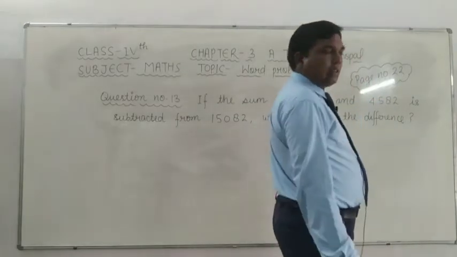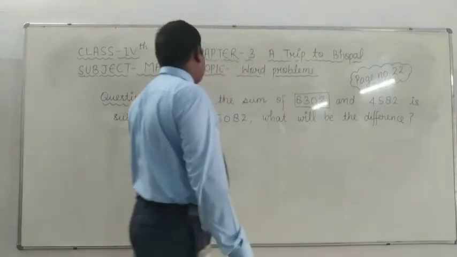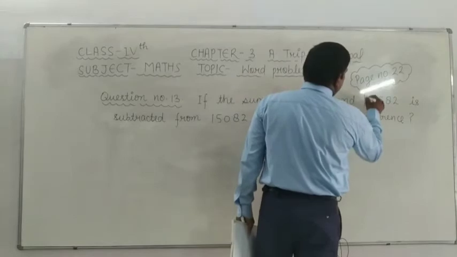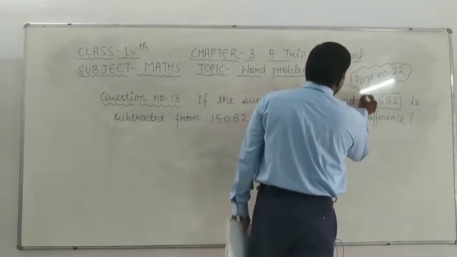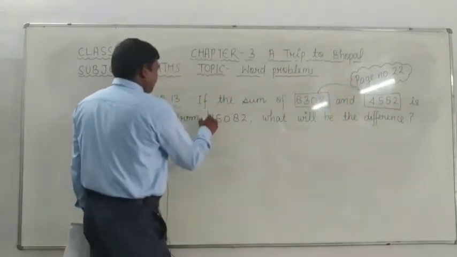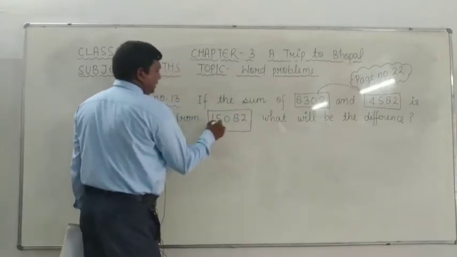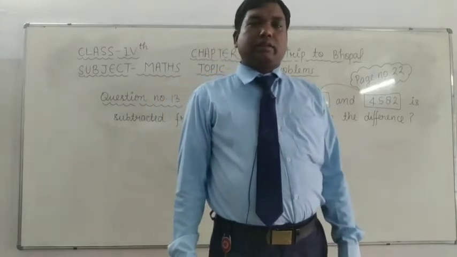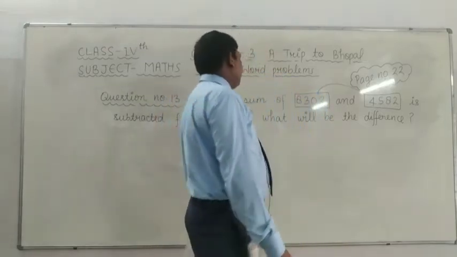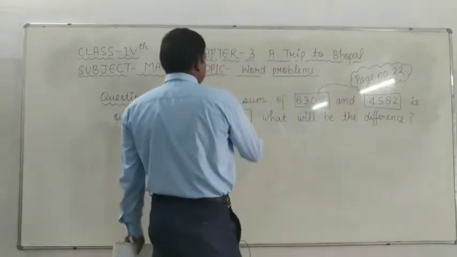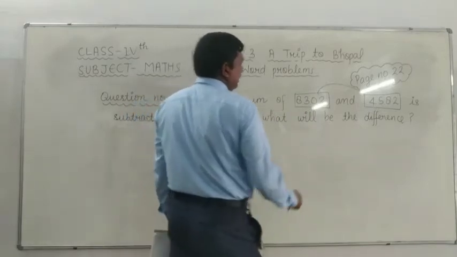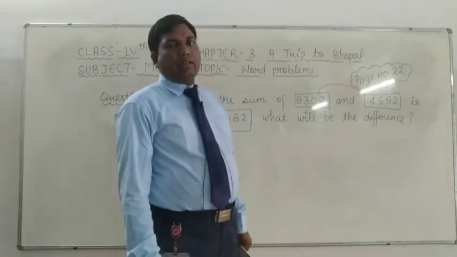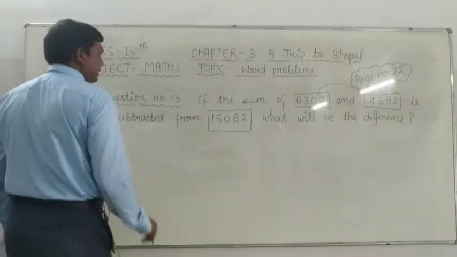Then we subtract this result from 15,082. Then we get the answer. It means that after subtracting, we get the difference. Understand? Now let's start the solution of question number 13.